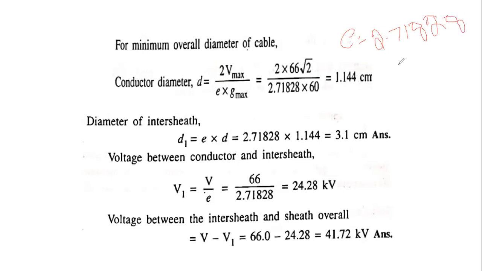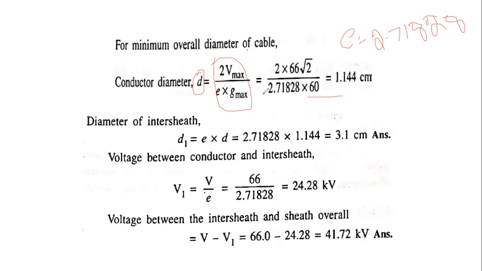What is the G max value? That is 60, which will be given in the question. Then we determine the conductor diameter d. Therefore d is equal to 2V by e into G max, where V is 66 into root 2.